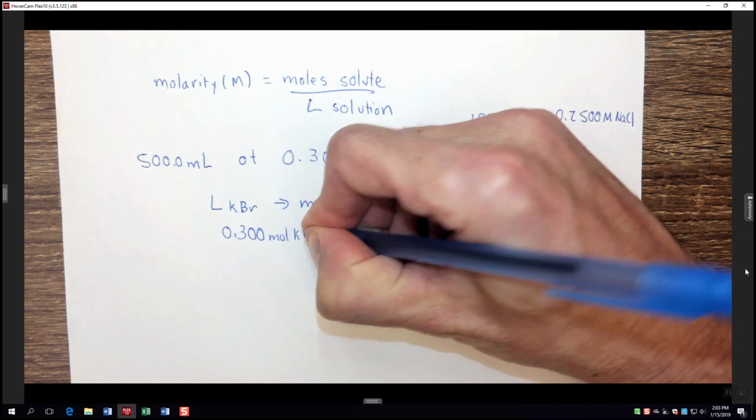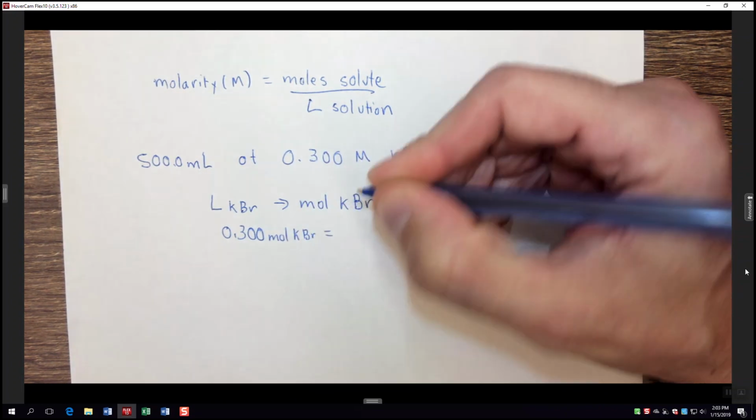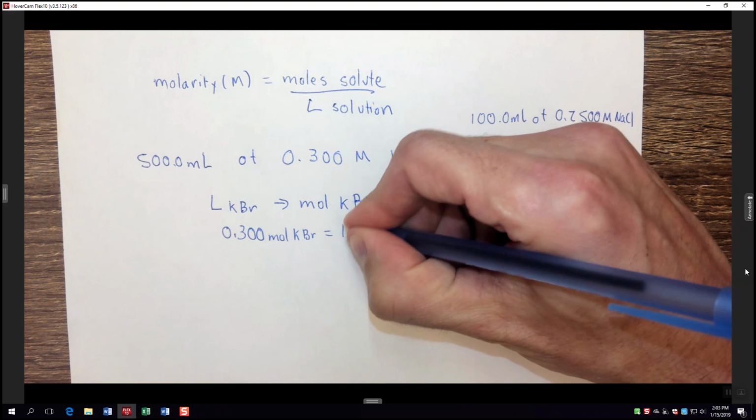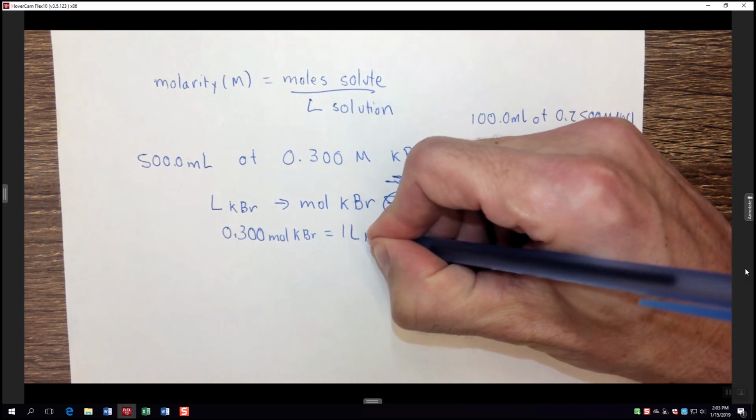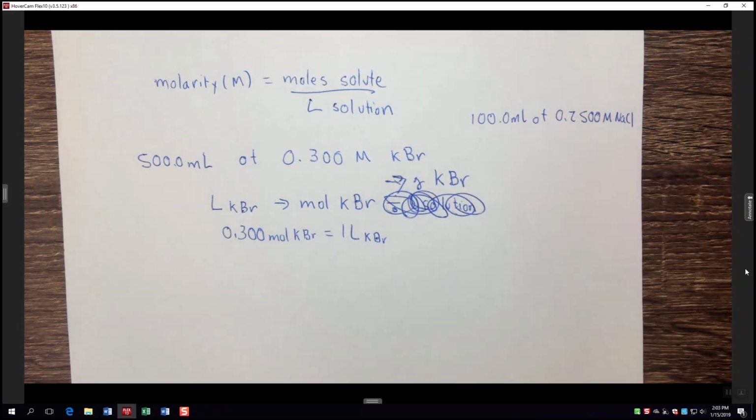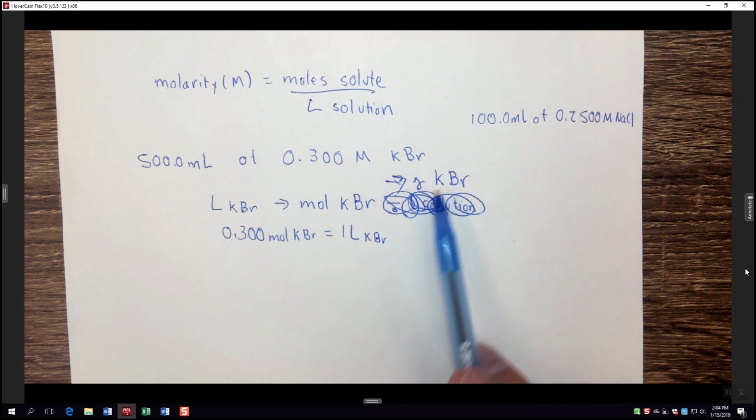So I'll remind you that molarity, which is a unit of concentration and is abbreviated big M, is moles of solute divided by liters of solution. So this is the unit that we're doing.